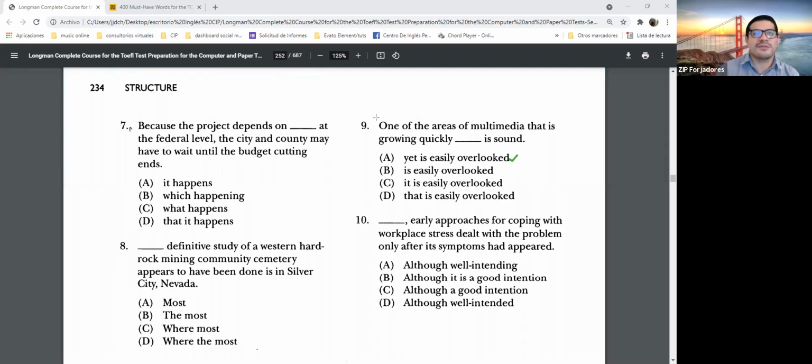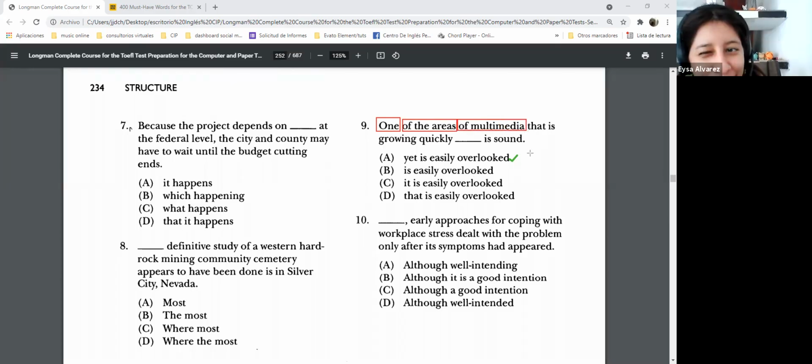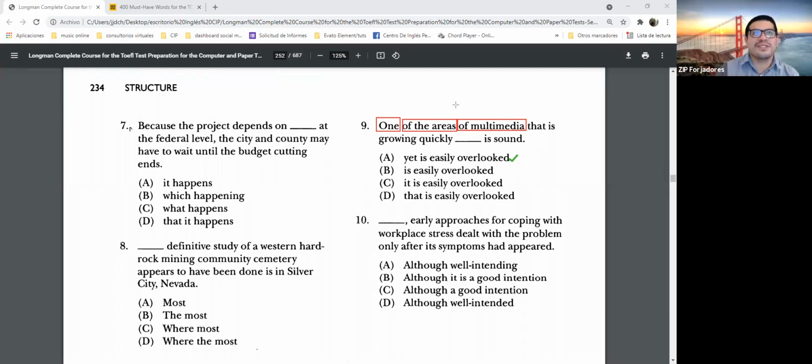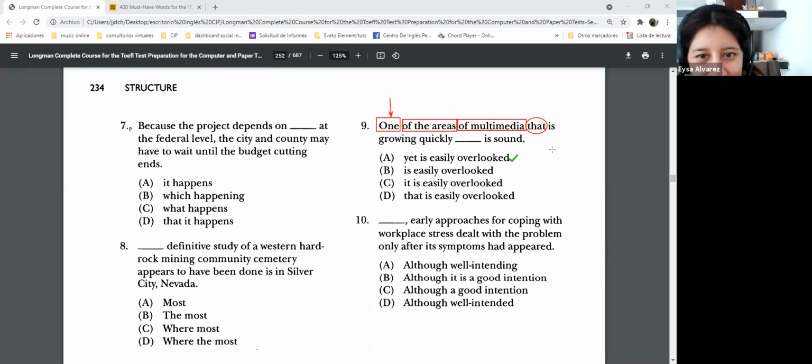One, it's a subject. It's a noun. Then we have of the areas, a prepositional phrase. Of multimedia, a prepositional phrase. So we have a subject, and then we are going to have a connector that is that, and the verb is growing.